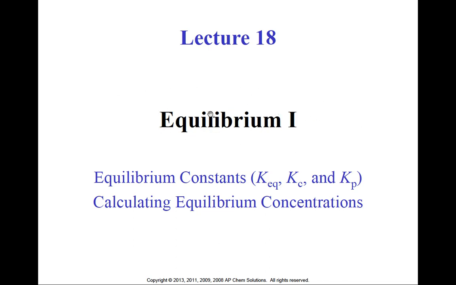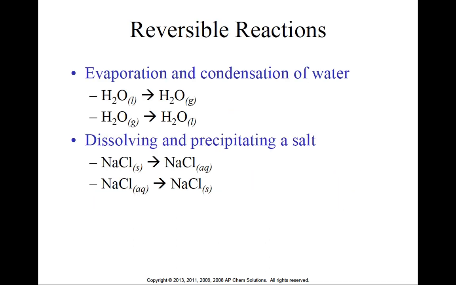So this unit's on equilibrium, and essentially we are used to, at this point so far, dealing with single arrows for reactions. And most processes and reactions actually happen in two directions simultaneously.